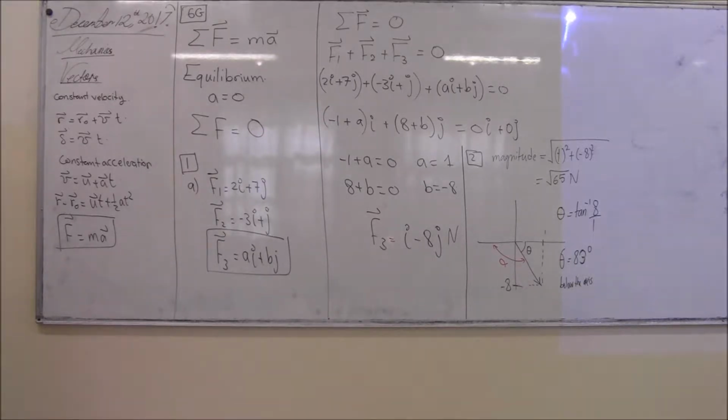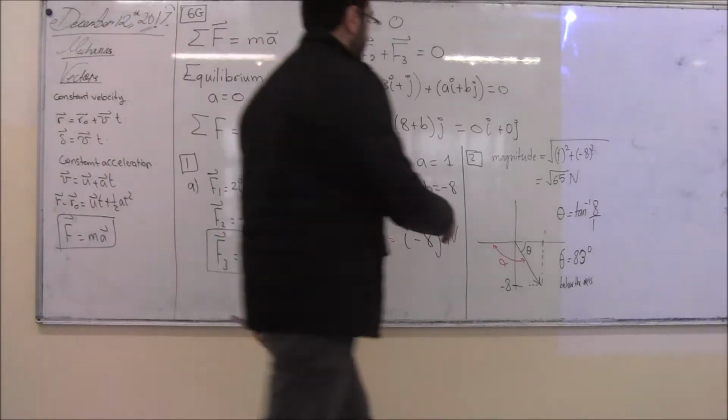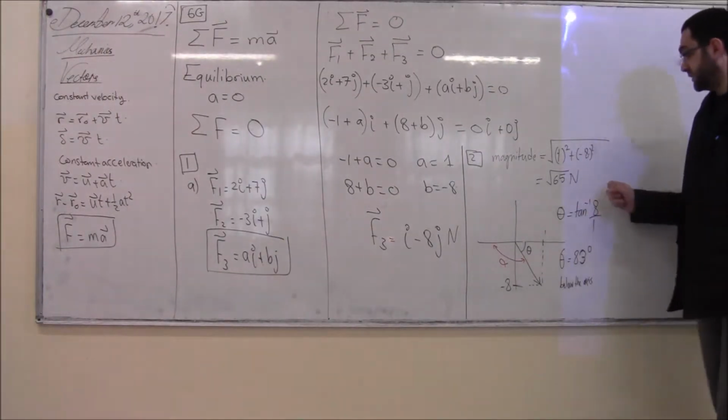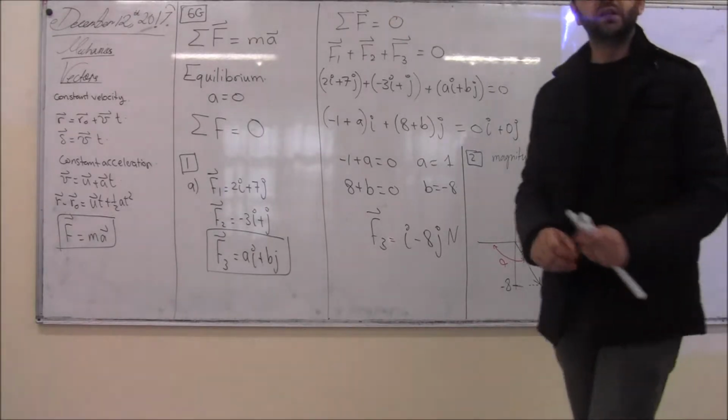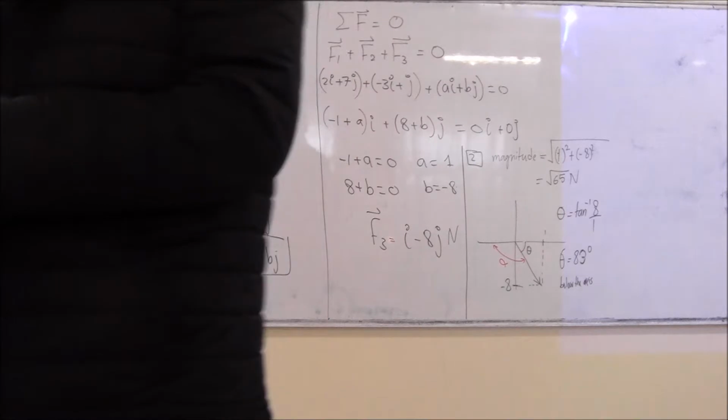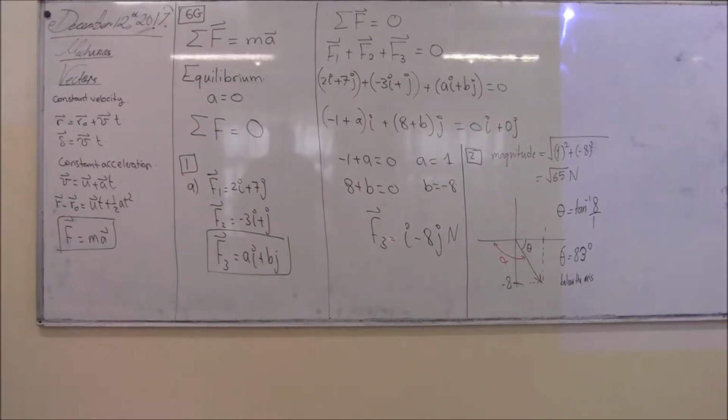The same thing. You have to take an angle always with the x-axis, so you can apply theta equals tan inverse of coefficient of j over coefficient of I. Clear, guys? Okay, fine.